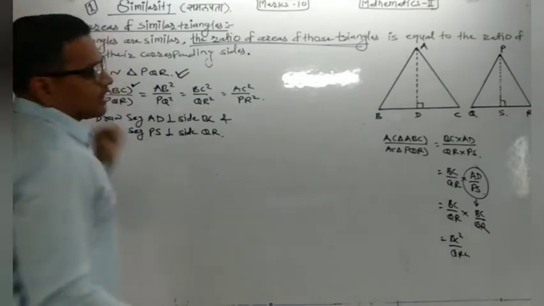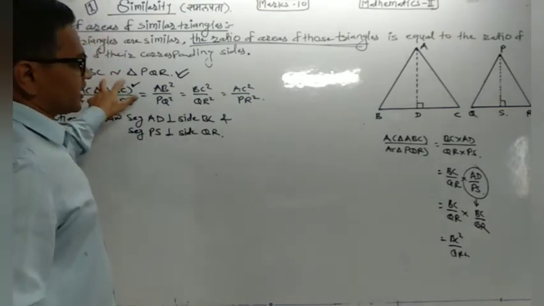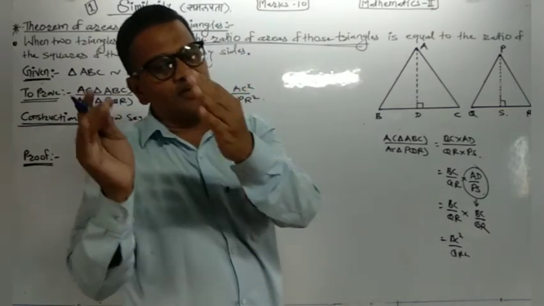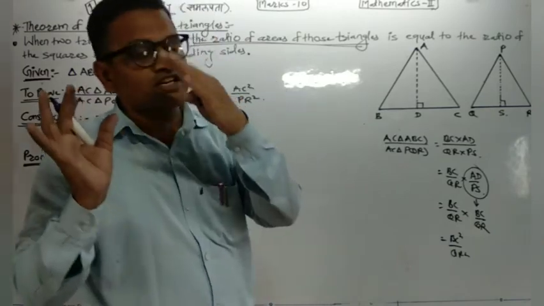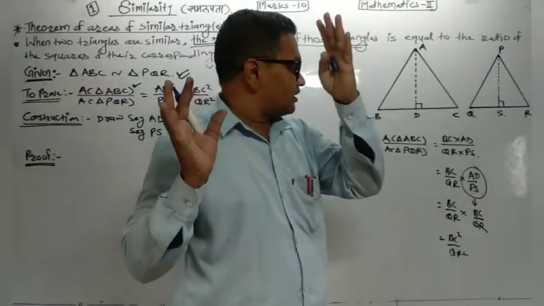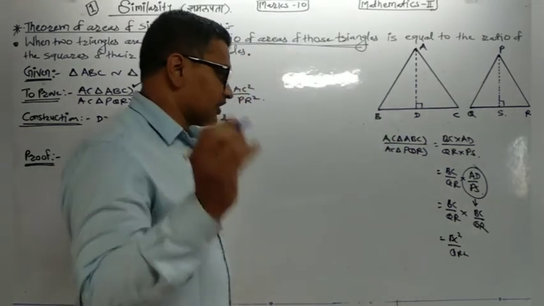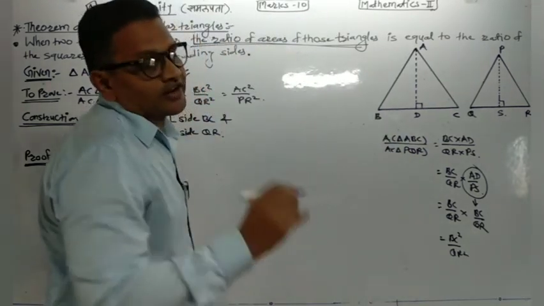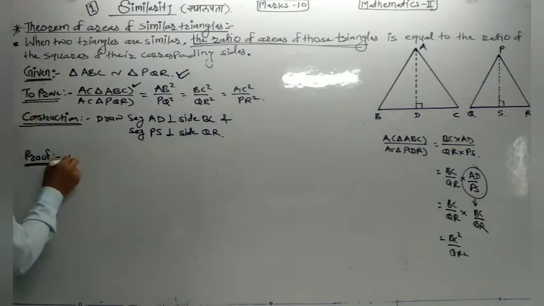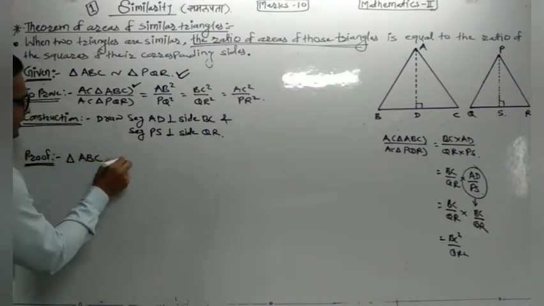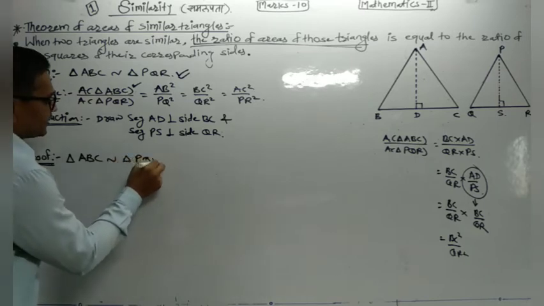Here two triangles are similar. From this information, we can say that the sides of two triangles are in proportion. We can find the ratio of corresponding sides. Triangle ABC is similar to triangle PQR.